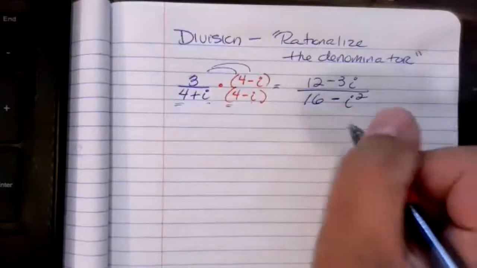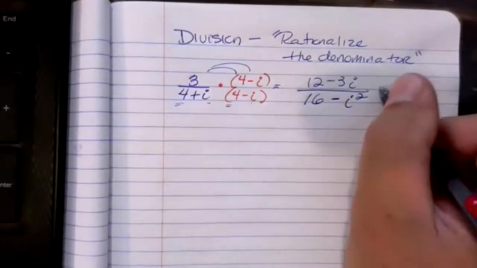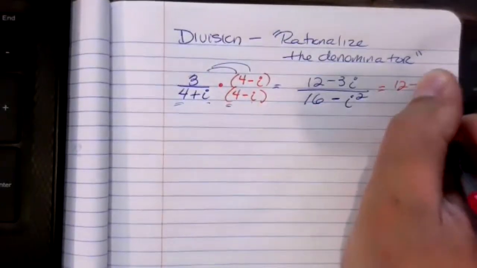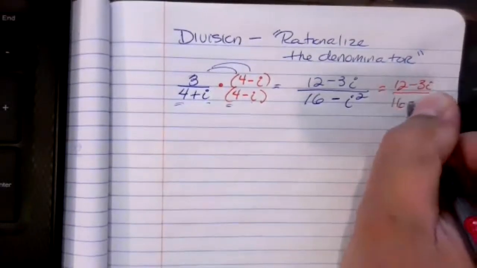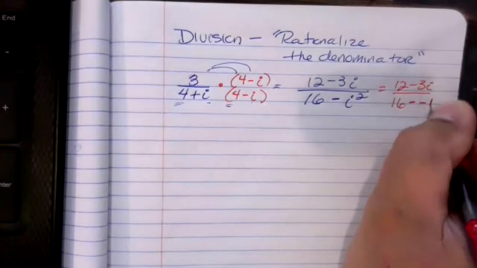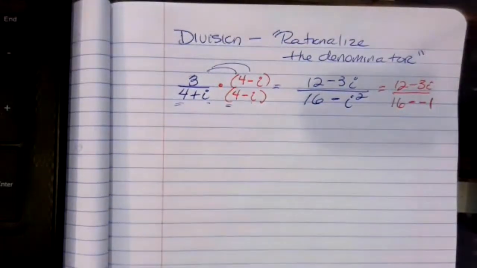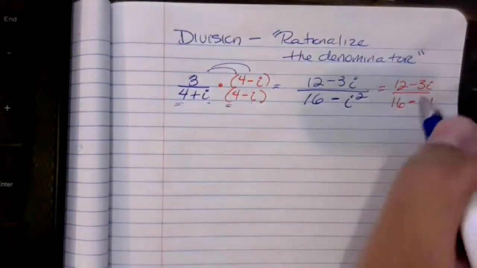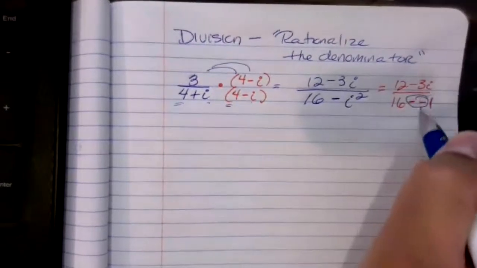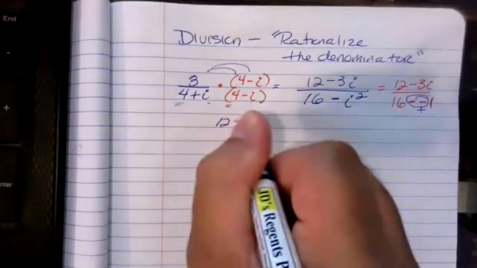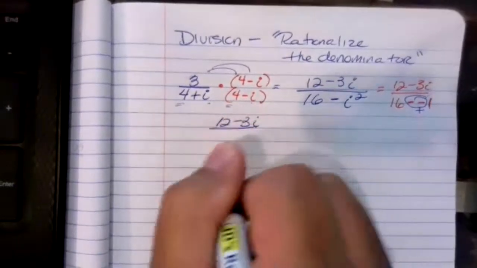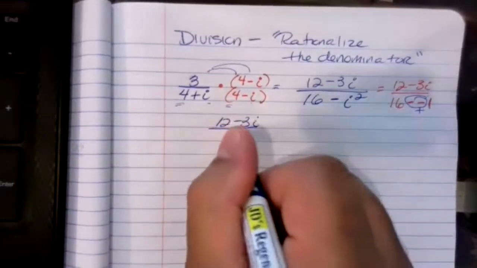So I'm going to have 12 minus 3i over 16 minus a negative 1. Well, 16 minus a negative 1 is really plus, so it looks like I'm going to have 12 minus 3i all over 17.